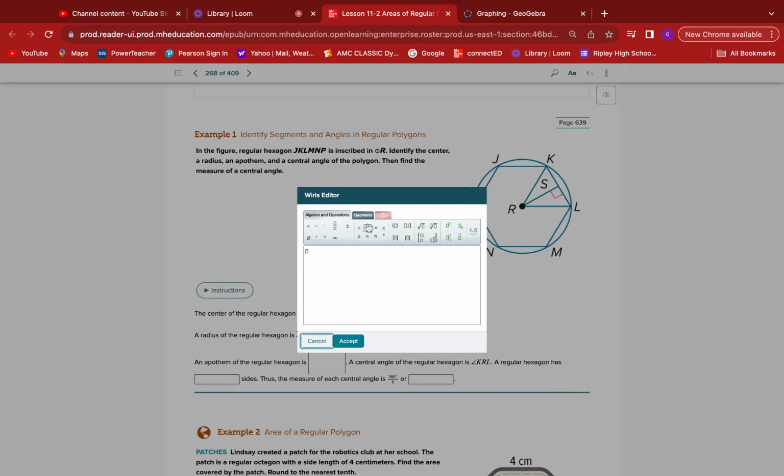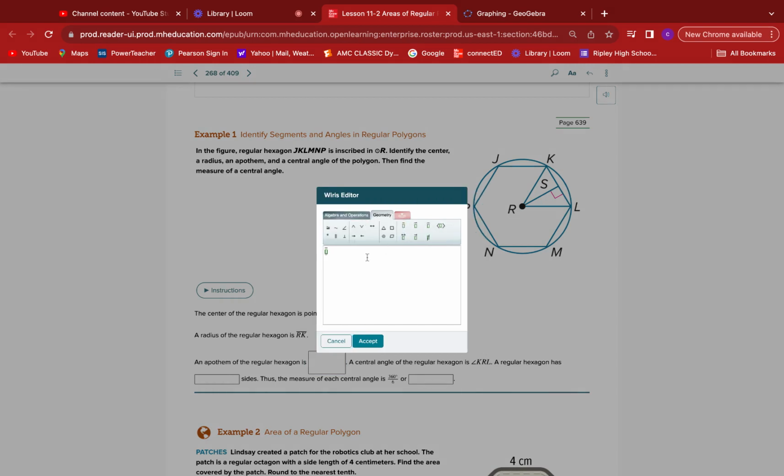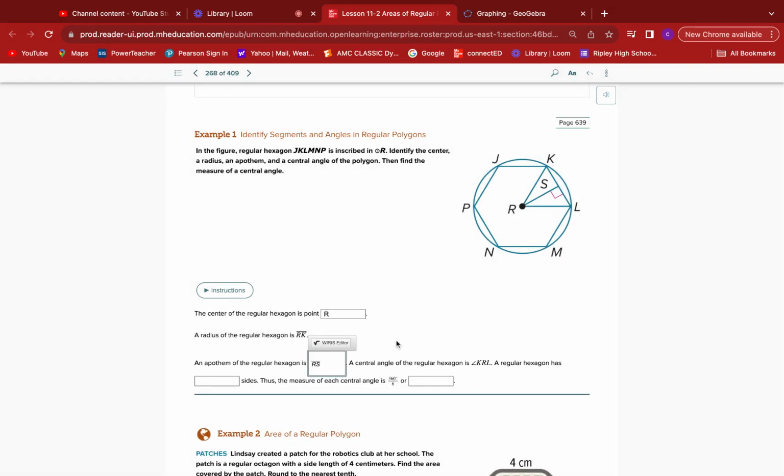It's going to be a segment, and I think this is the one, segment RS. Perfect. The central angle is angle KRL, or you could have said angle LRK, as long as R is in the middle, because that's your vertex. The regular hexagon has sides.